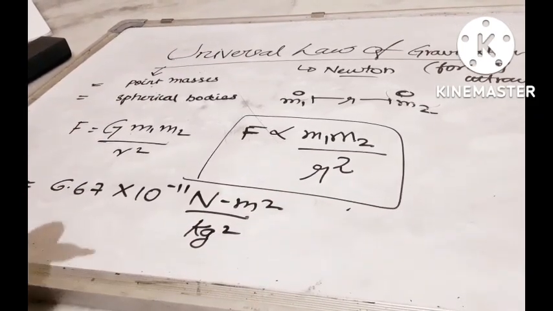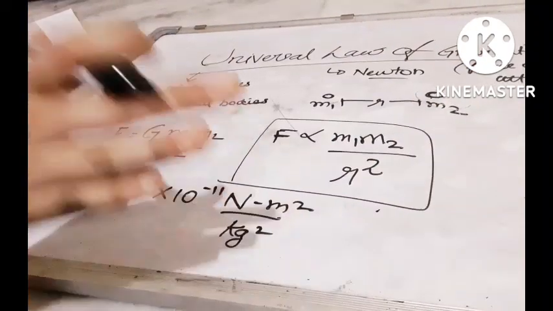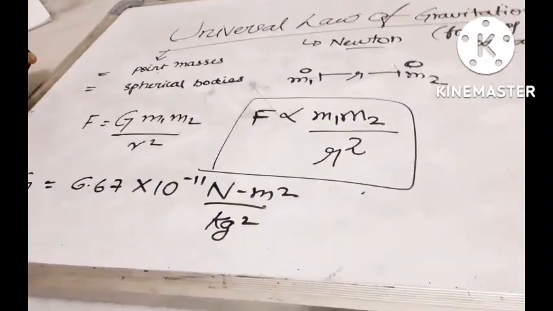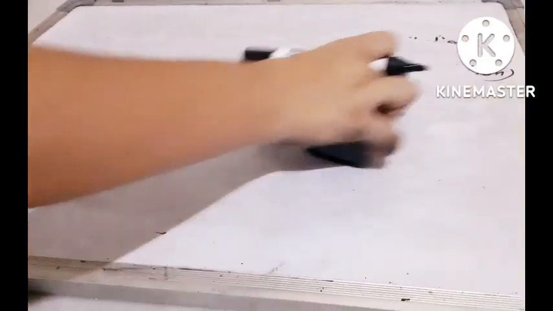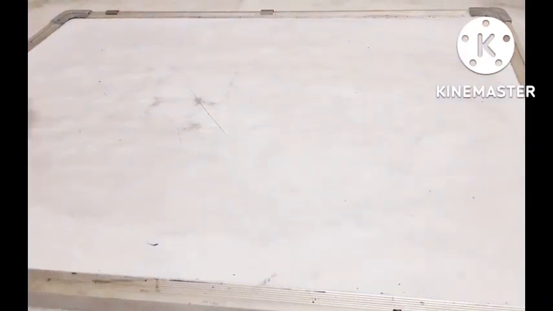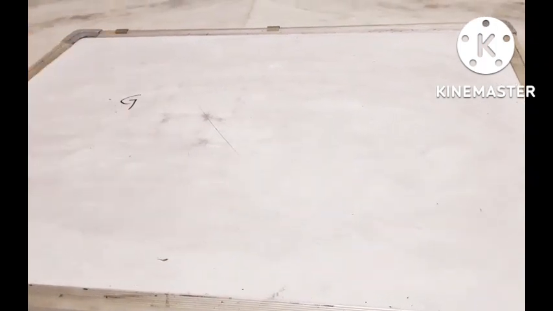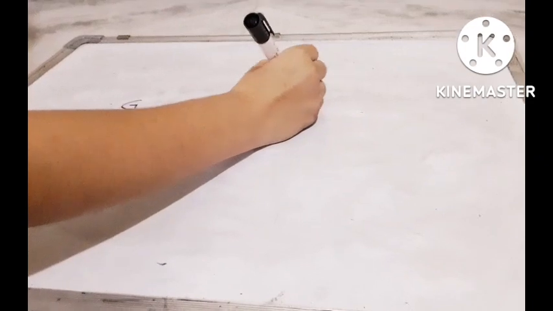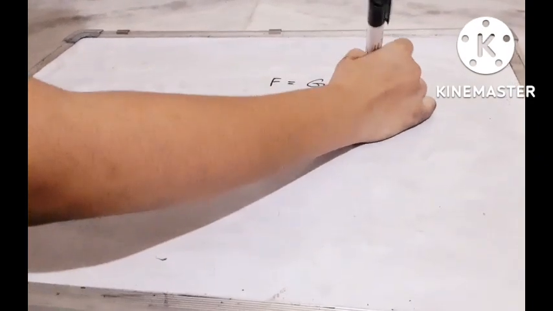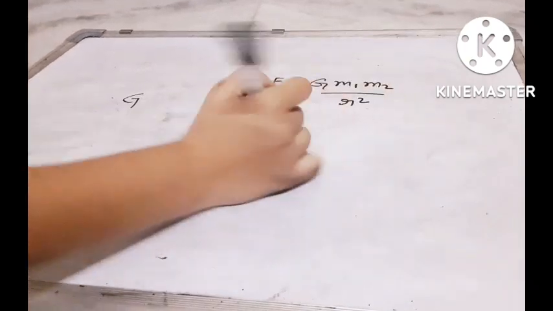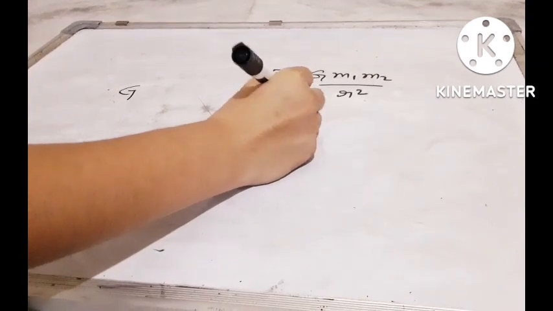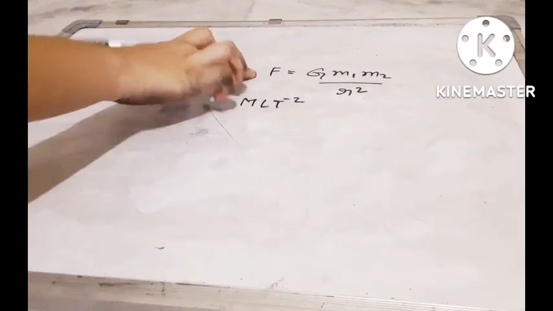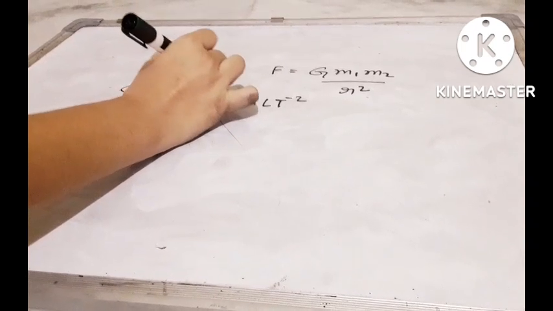Okay. Now this was a general introduction to Newton's law of gravitation. Now let's see how we calculate, since sometimes in the question they will ask you to calculate the dimension of G, the universal gravitation constant. So how do we calculate dimensions? F is equal to G into M1 into M2 upon R square. Now what is force? Force you can write as M L T to the power minus 2. How did I get this dimension for force? From the equation F is equal to ma.